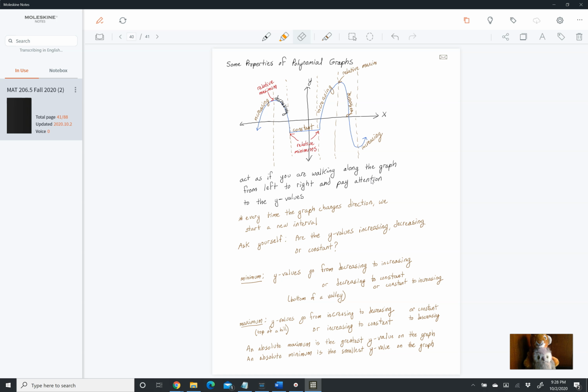And then we have one more turning point. Our last turning point, sorry, I'm going to put that in red just because I want you to see it clearly. We have one more.